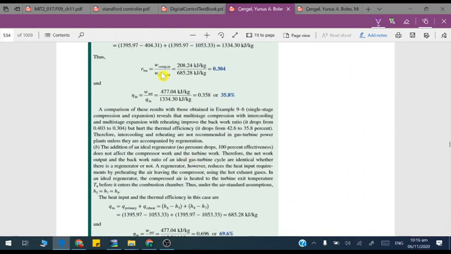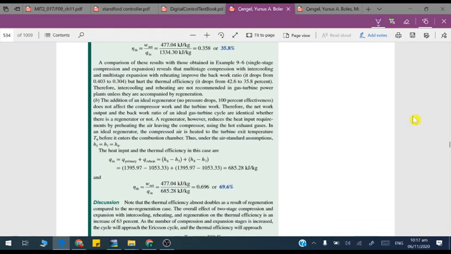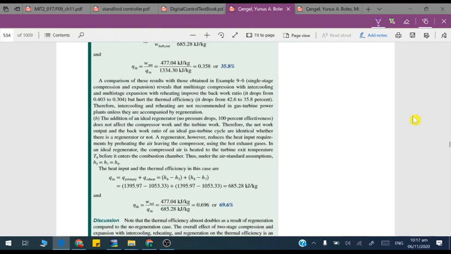Again, back work ratio, what is the formula? Compressor work over turbine work, and thermal efficiency is W net over Q in. So this value you will get after calculating. And when there is regeneration it is 69.6%, this is without regeneration. This question has two parts.